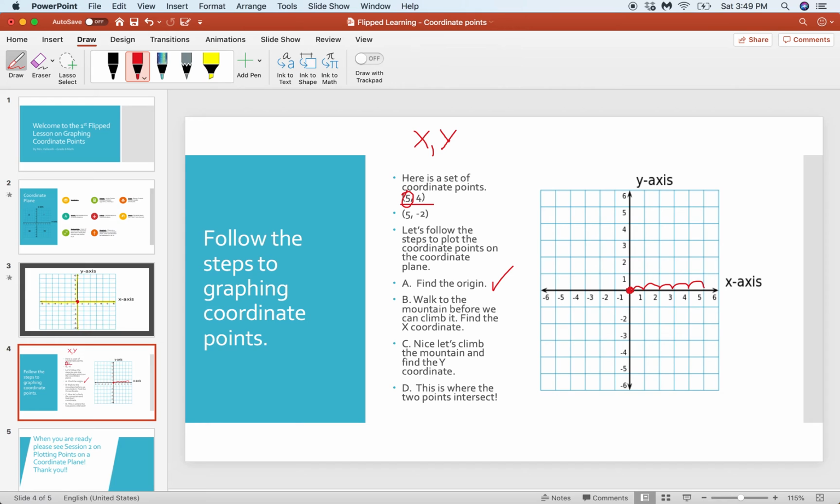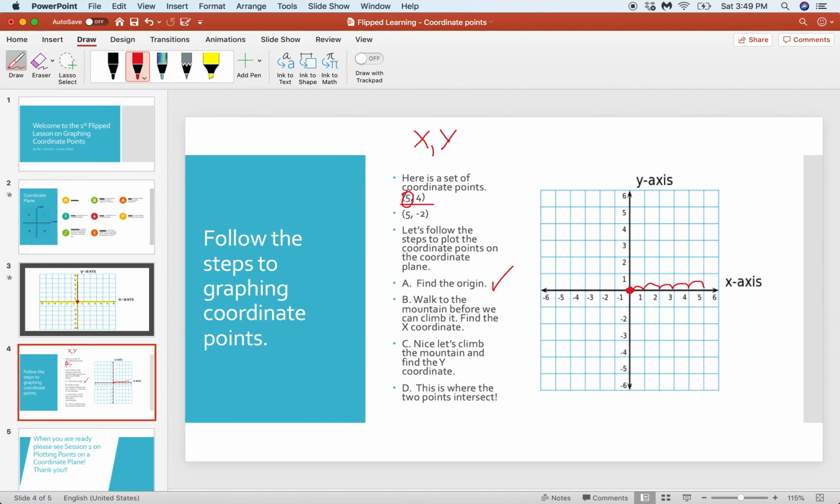Now we're going to take a look at our y coordinate. Our y coordinate is a positive 4. I know it's a positive 4 because there's no negative sign in front of the 4, so it's automatically positive.